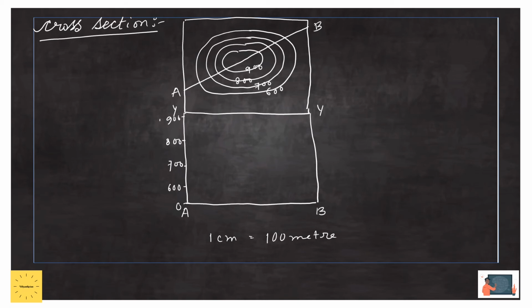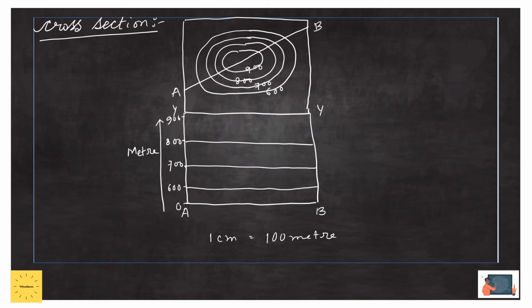Okay, and these values are in meter. Okay, so now on the other side, that is the right-hand side axis, also draw a parallel line here like this. Is it clear?